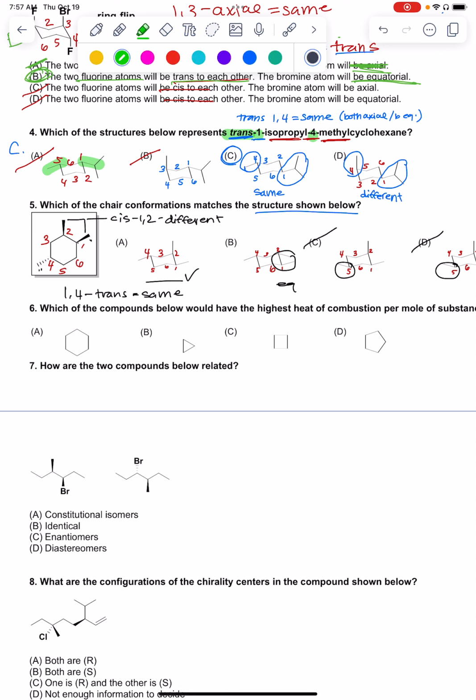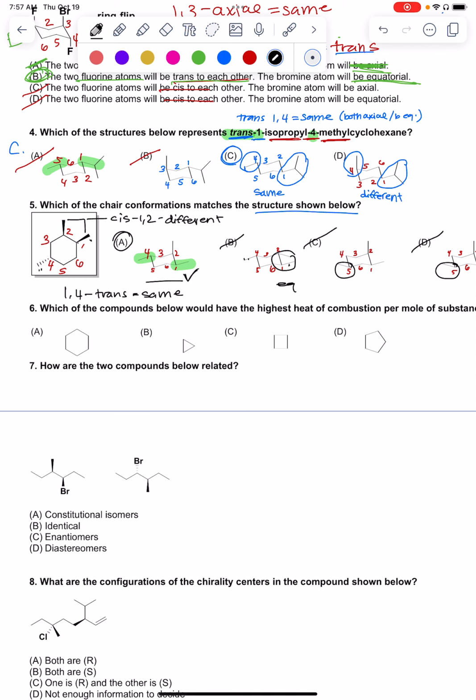So now I'm only looking at 1 and 4. And this one has two equatorial positions. So again, I like this one. This one also has 2 equatorial positions. But that 2 is what is really killing this answer for me, because the 2 is not in the right position here. So I don't really like B. I'm going to go with A because 2 is sticking up.